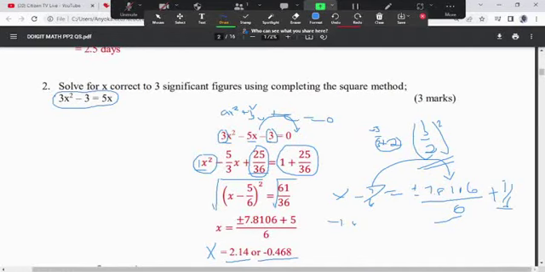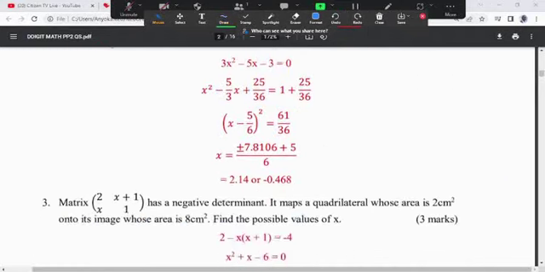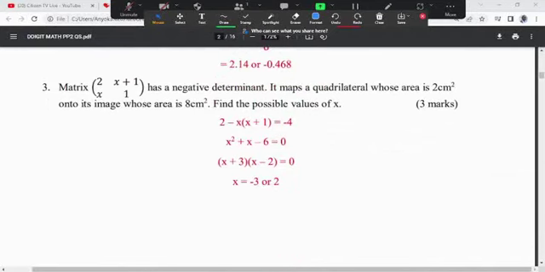You okay? Yes. Good. Let's move to question 3.